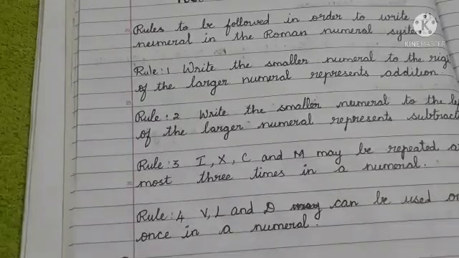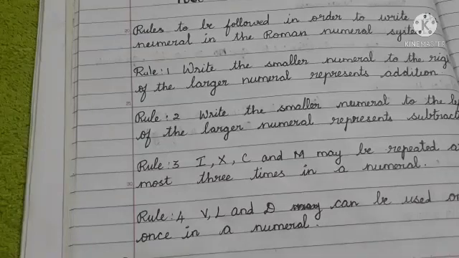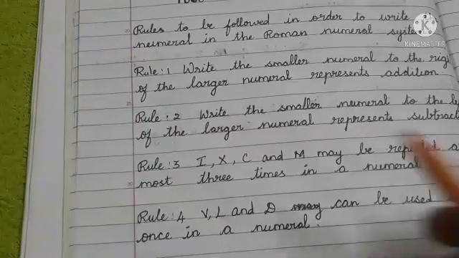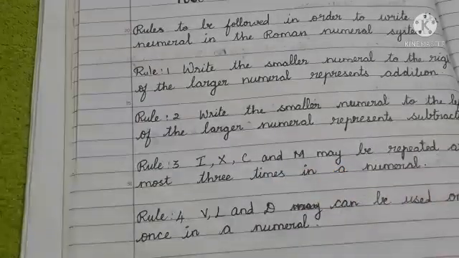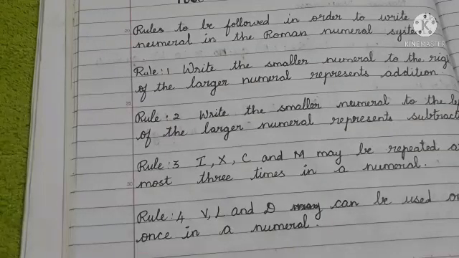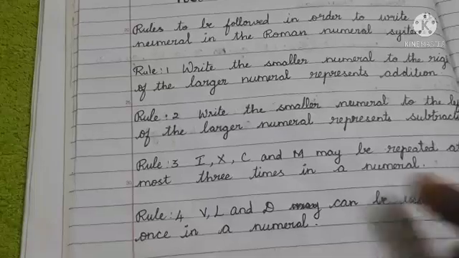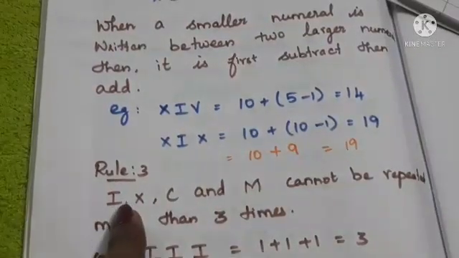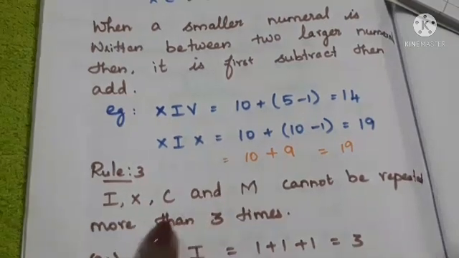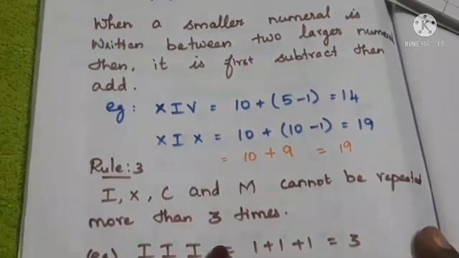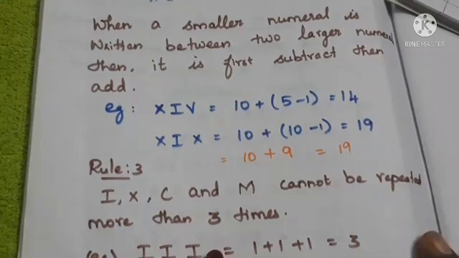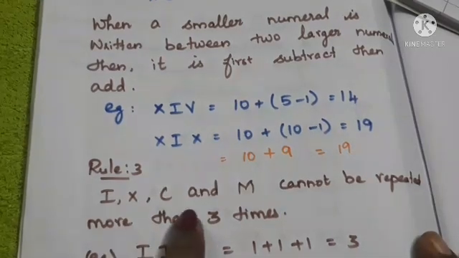Three times only. More than 3 times we cannot repeat. Have you understood? I, X, C and M can be repeated only 3 times, not more.